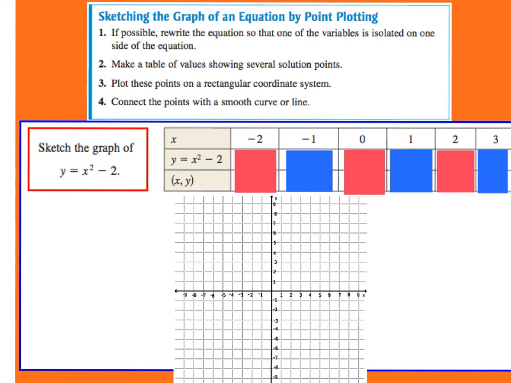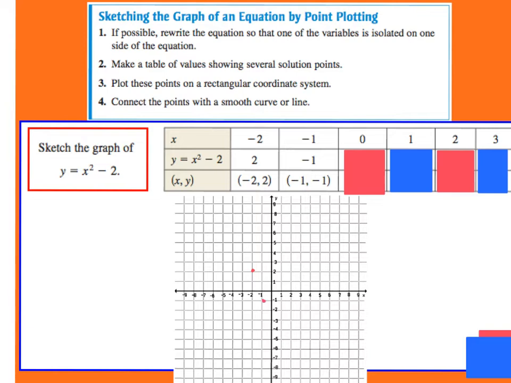All right, so if we substitute in -2 as my x value, what's my y value? 2. So my ordered pair is (-2, 2). And then if I substitute in -1, what's my y value, Mary? -1.